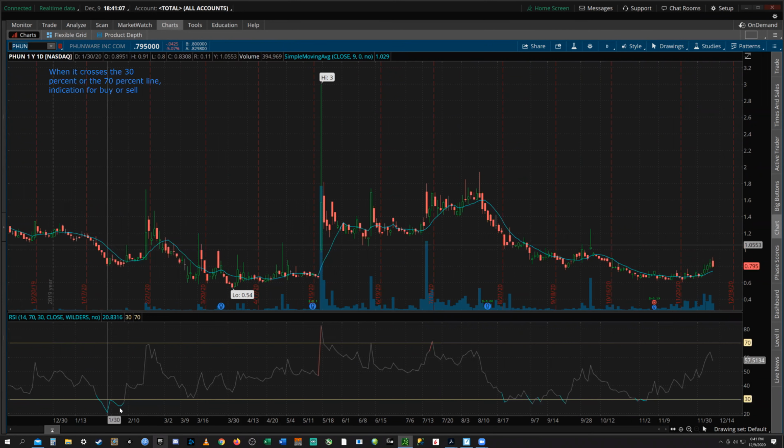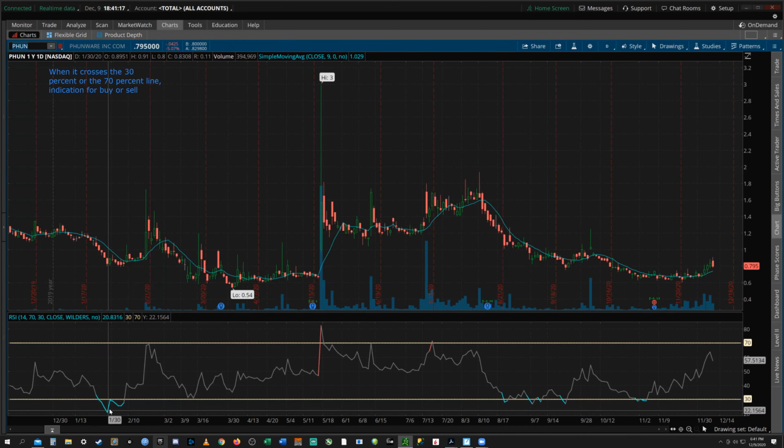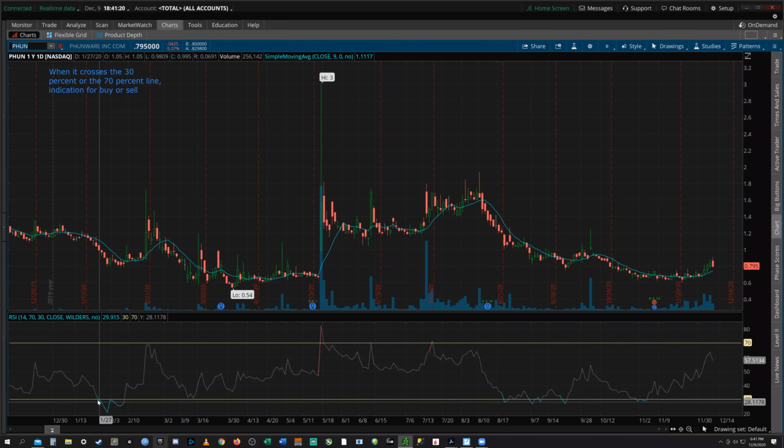That could just mean that it's in a good downtrend of people selling. It's going down, down, down. So even though this is below, you could still make a trade from this. Now again, you may want to keep a keen eye on this, because you're thinking, hey, this may rebound back, which it did, but we don't know that all the time.